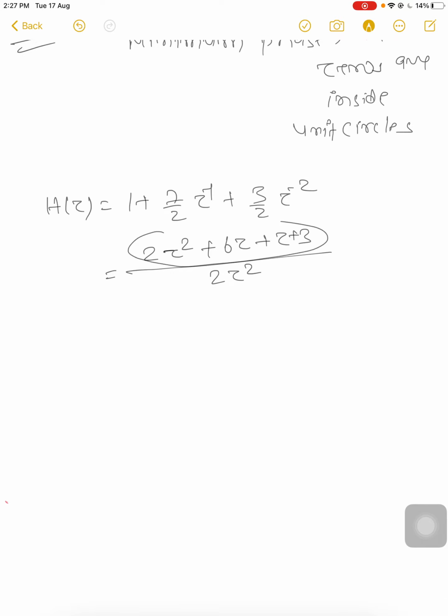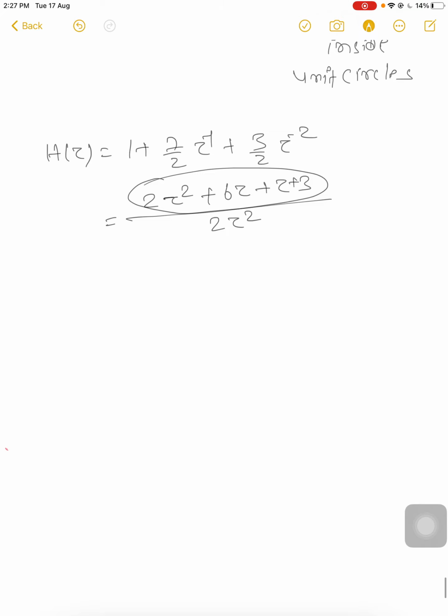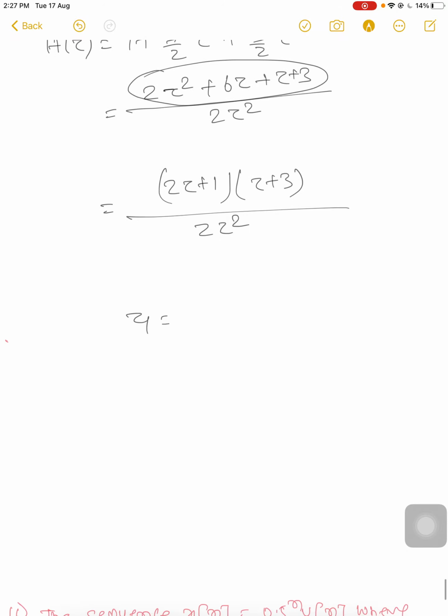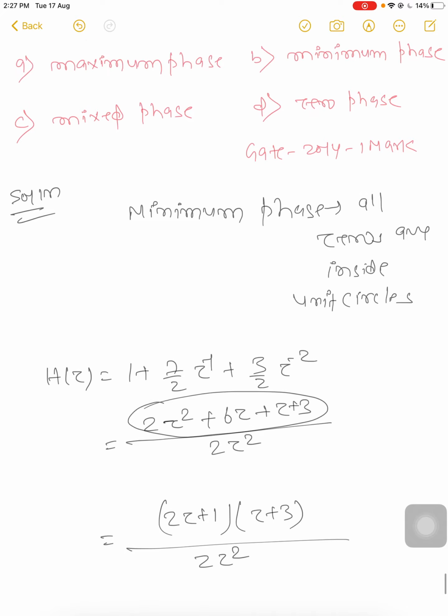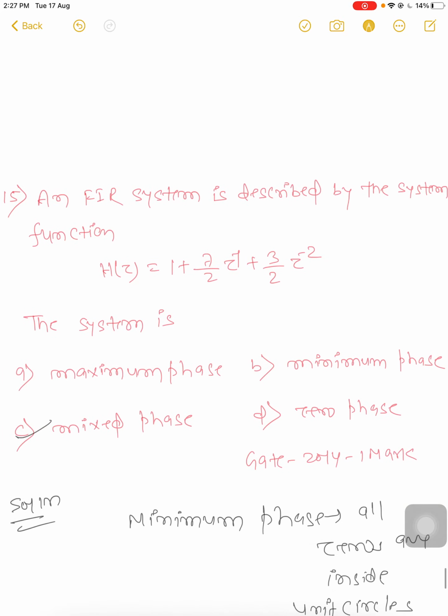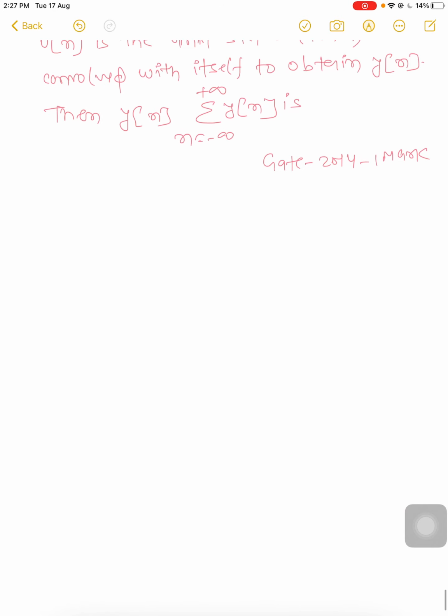Okay, then from the numerator we will get the zeros. Simplify it: (2z plus 1) and (z plus 3) over 2 z square. Then you will get the zero positions, z1 is equal to minus 1 by 2, which is inside the circle, z2 is minus 3, outside the unit circle. It means it will be the mixed phase, so option C will be the right answer.